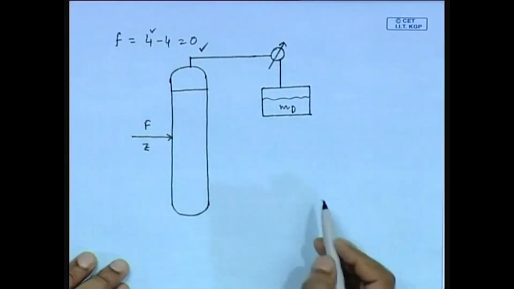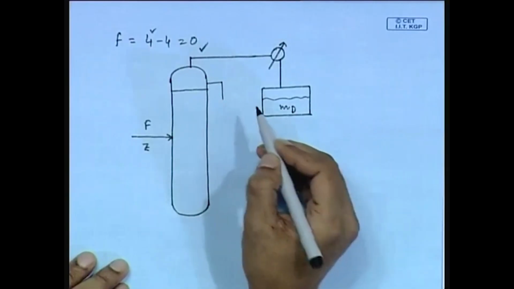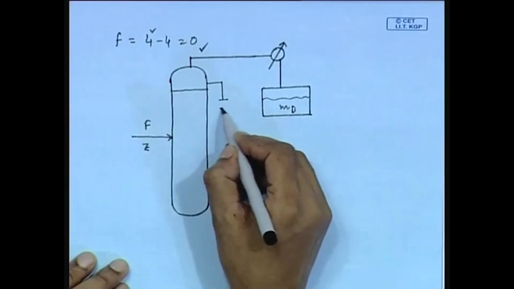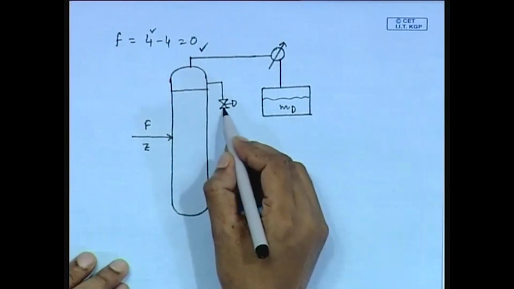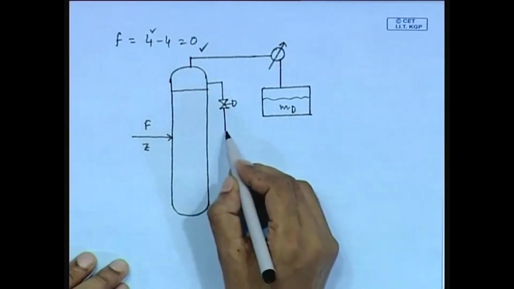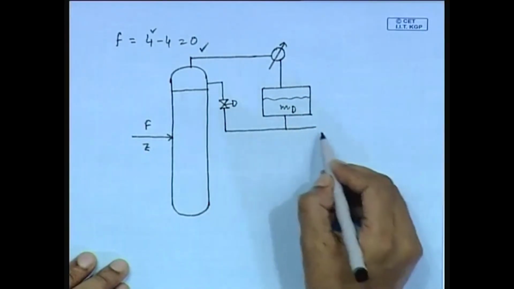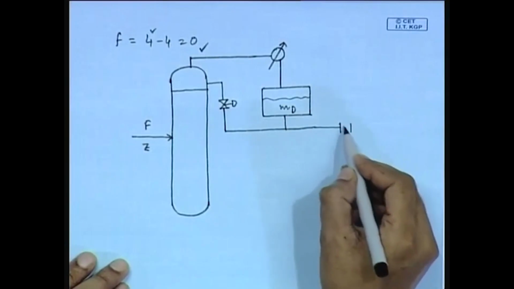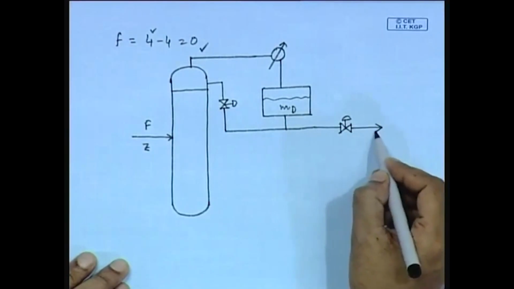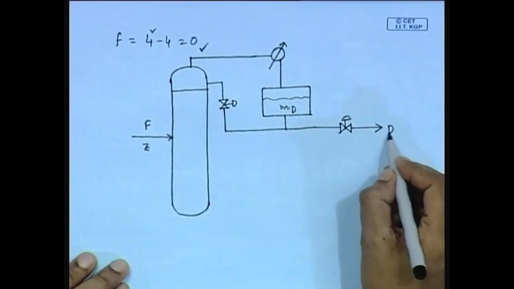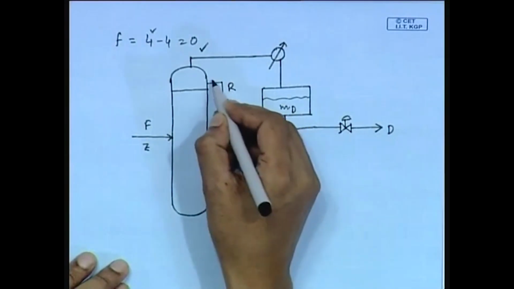This is the top stage. Suppose this is a control valve which is used to manipulate the reflux rate. This is another control valve which is used to manipulate distillate flow rate. This is reflux flow rate.